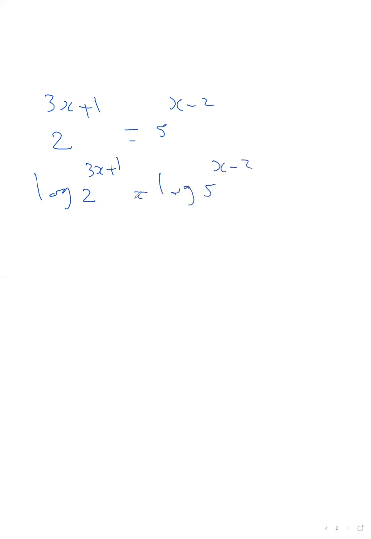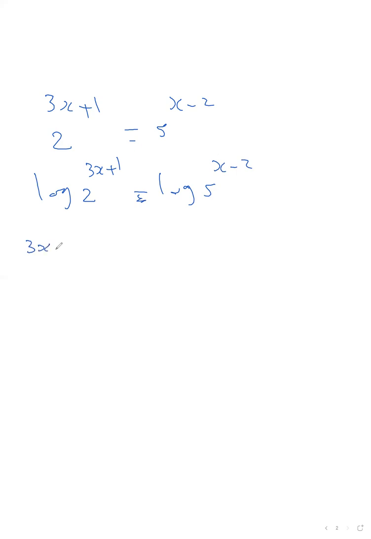If you have an equation like 2 power of 3x plus 1 equals 5 power of x minus 2, and you need the value of x by using the log, you will take the log of the two sides. Log 2 power of 3x plus 1 equals log 5 power of x minus 2.